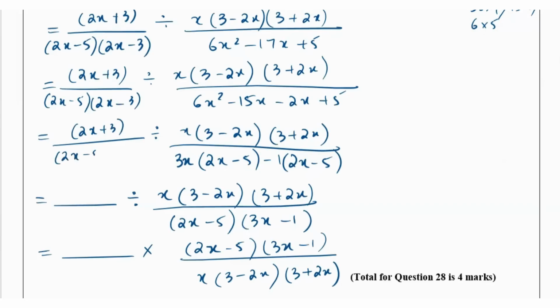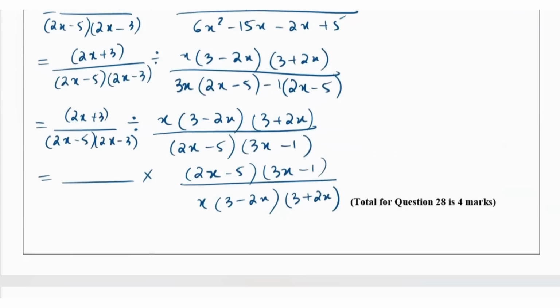This shows that the chances of making an error in these questions is so high, even though it's really easy to solve. But when you have so many expressions and you're trying to simplify it, you can easily mix up one value. So that's 2x plus 3 over here and 2x minus 5 times 2x minus 3.